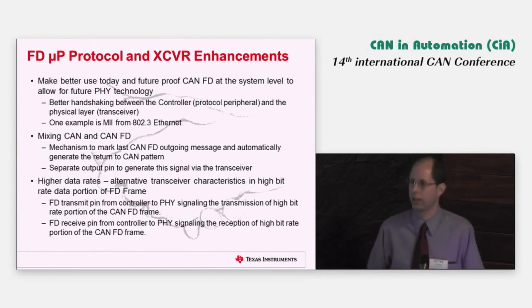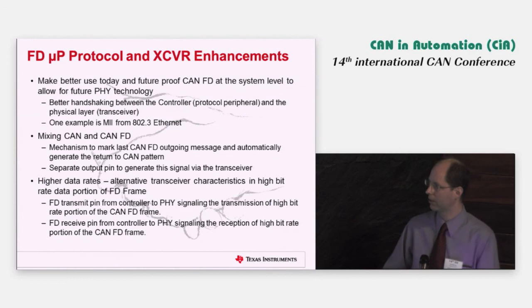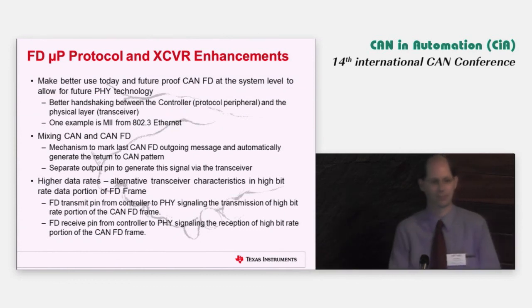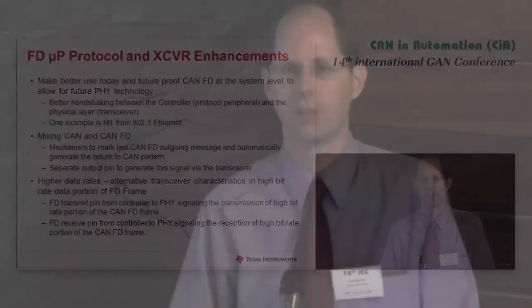The other thing, yesterday there was a question about whether there are any ideas for reflections and signal integrity at the transceiver level. In discussion with our Bosch colleagues, we know of a couple of signals that exist within the CAN controller IP that could possibly be muxed to the outside world and used with future transceivers to allow adapted behavior during various portions of the FD data frame.